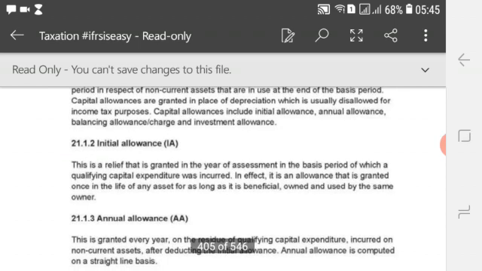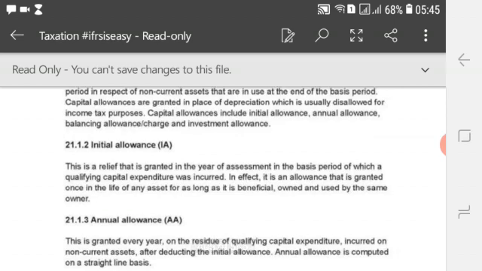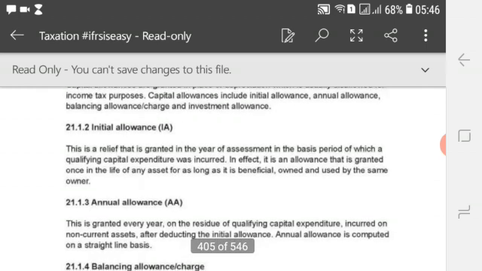And remember that this allowance is granted once in the life of any asset, for as long as that asset is being used by the company.